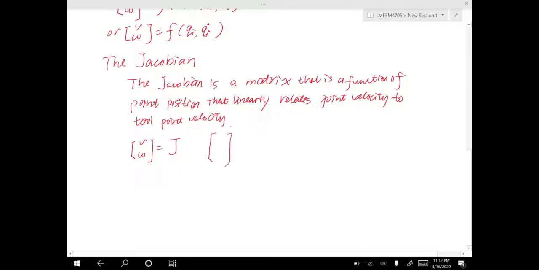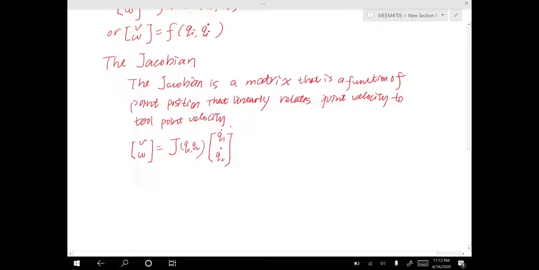It's able to be calculated by the Jacobian matrix linearly, and here we have qi dot and q, and now we have two joints, so we have q1 dot and q2 dot, and this Jacobian matrix is a function of q1 and q2.